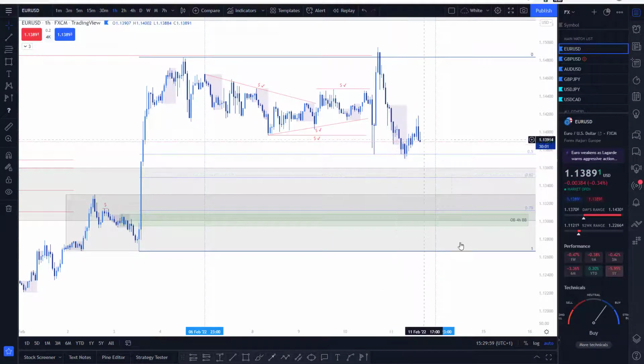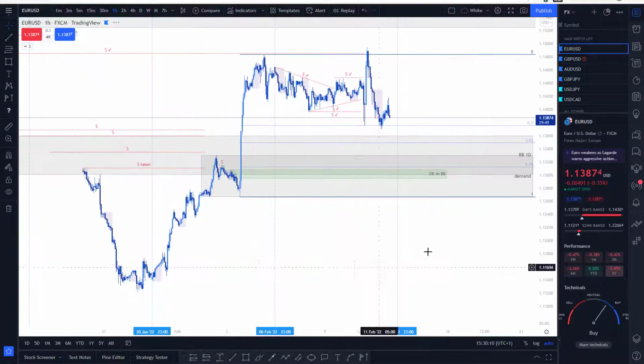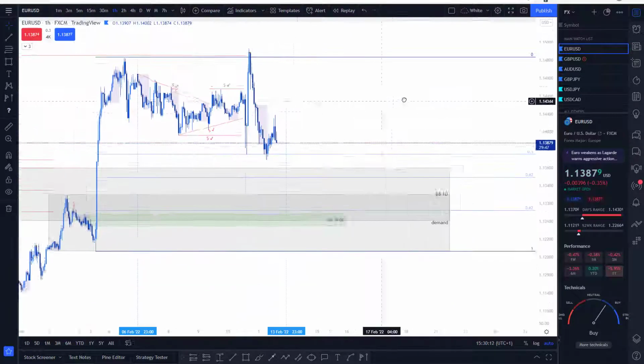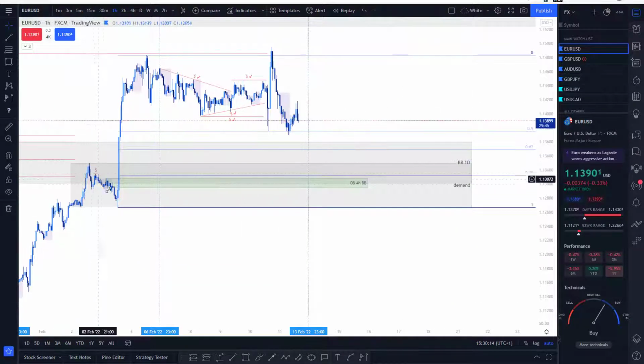Now, I am still expecting the price to make a retrace to at least this demand zone here.